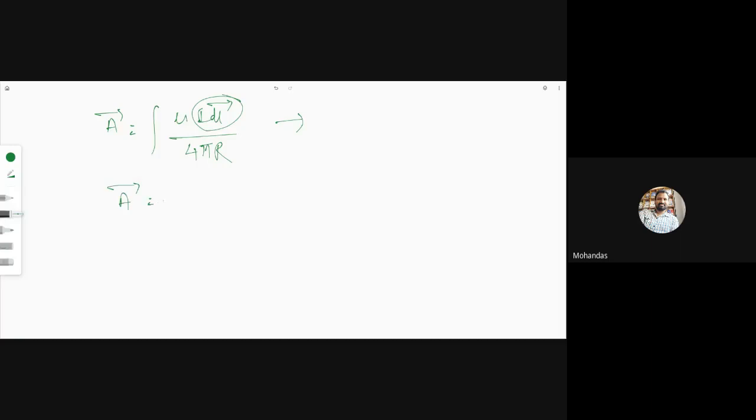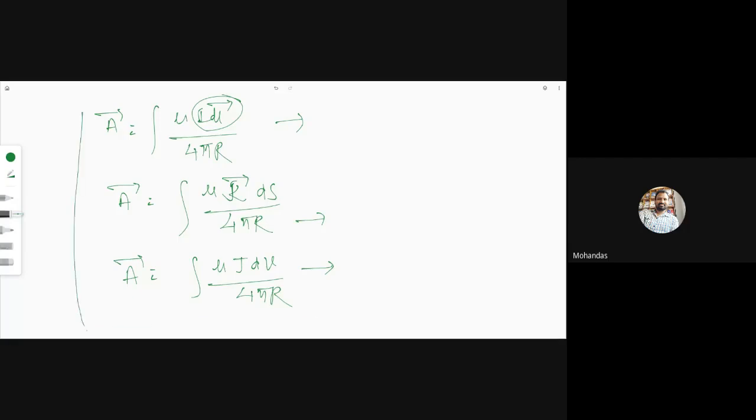Suppose you take a differential surface element, how do you calculate the vector potential? mu K ds by 4 pi R, because we have already seen the differential current, surface current, line current and volume current, and mu J dV by 4 pi R. For all types of current distribution, we can define this vector magnetic potential. These formulas are very, very important. I will use these formulas later. This is the formula for vector magnetic potential.